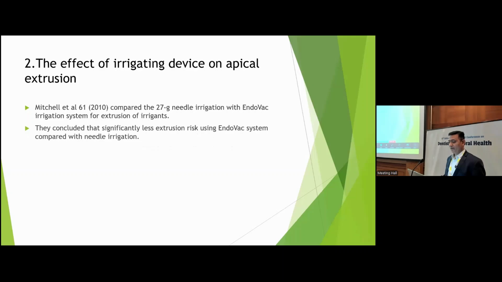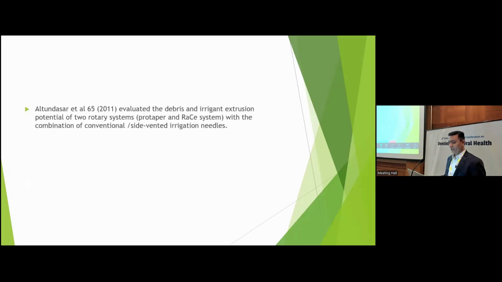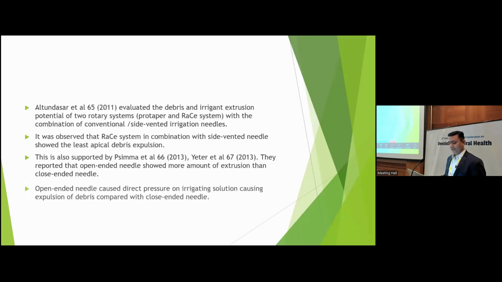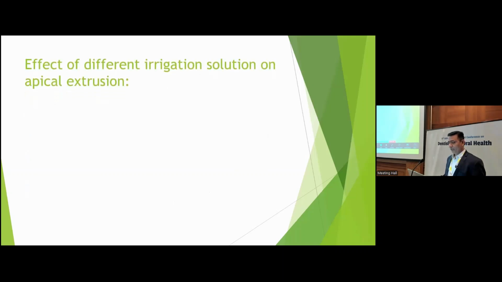Mitchell also compared the 27 gauge irrigation needle with EndoVac, and it was found that EndoVac irrigation prevents the extrusion and is more effective than the side-vented needle. So the open-ended needle causes more expulsion.